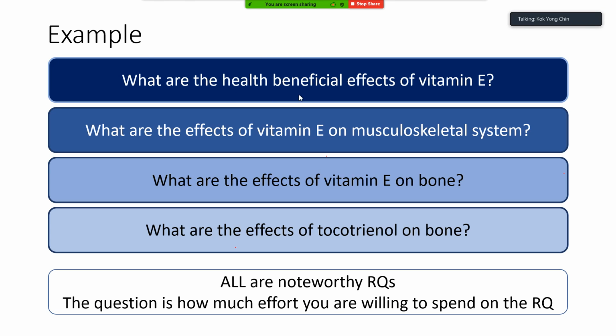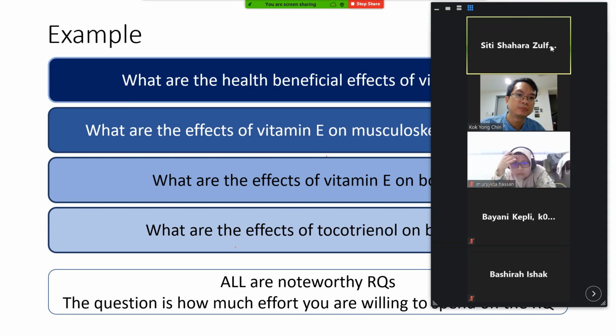What are the effects of vitamin E on the musculoskeletal system? What are the effects of vitamin E on bone? What are the effects of tocotrienol on bone? Now the question I'm asking you: what are the differences between all these 4 titles? Anyone have any opinion? You can type, or you can unmute yourself and speak.